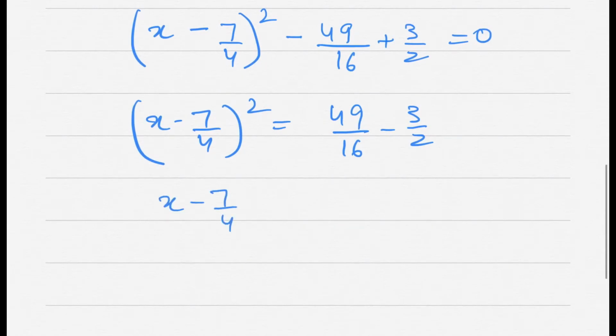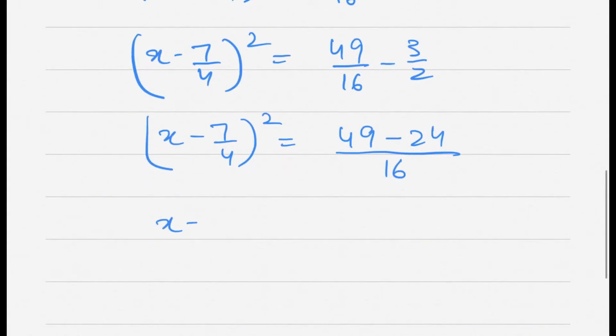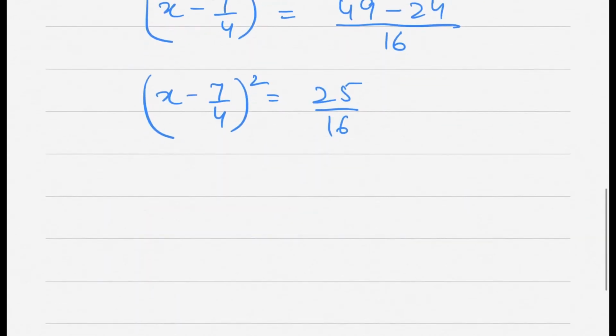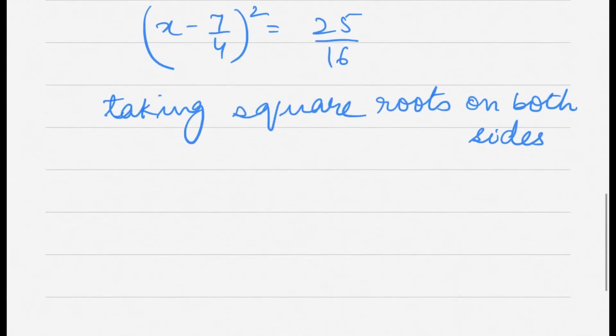Now x minus 7 by 4 whole square is equal to, my LCM is 16, so 49 minus 24 by 16. So x minus 7 by 4 whole square is equal to 25 by 16. Taking square roots on both sides, what will I get now?